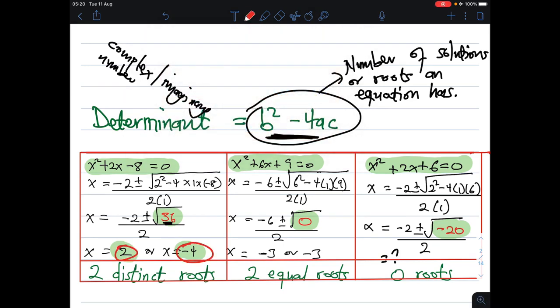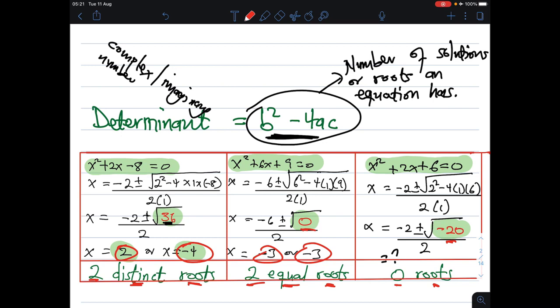So we say that these 2 answers are distinct, 2 distinct roots. But when it is 0, we say that you have 2 equal roots, because -3, -3, they are the same. Now, when it is negative, there is no root for you.